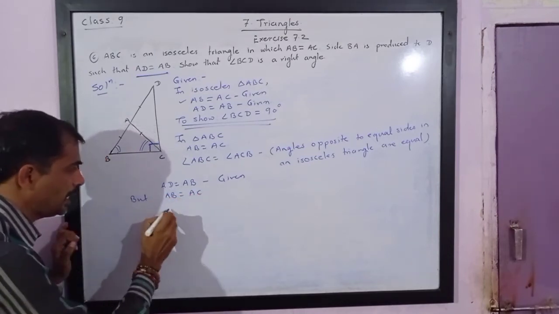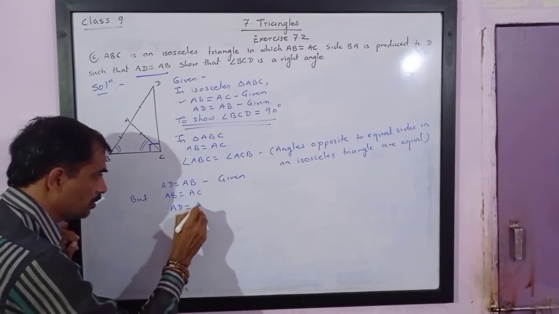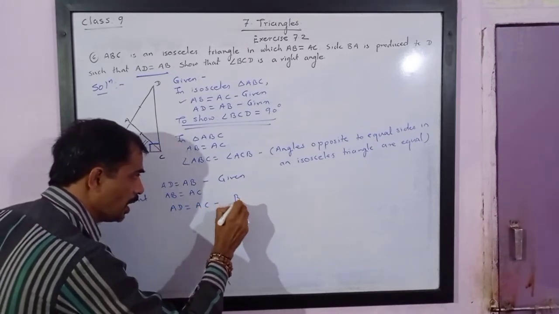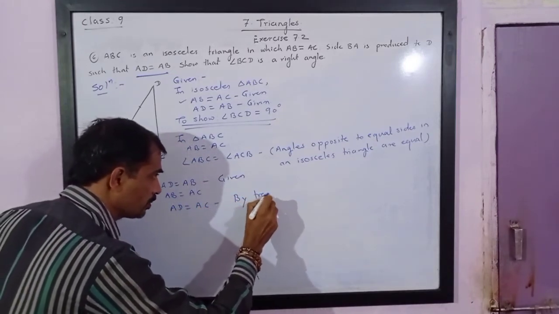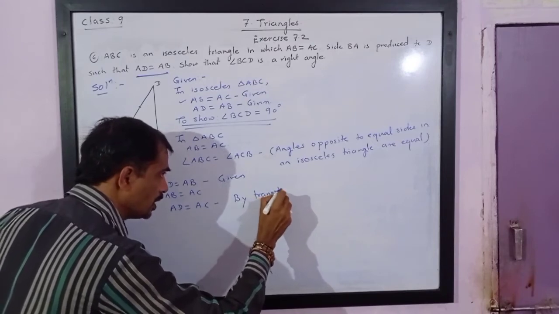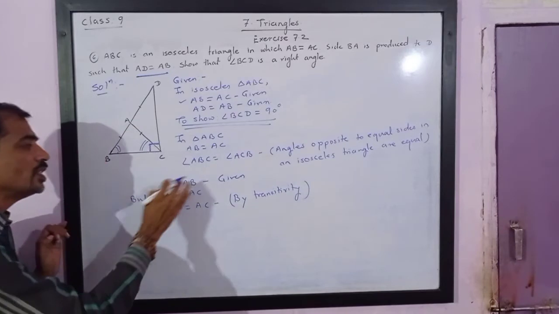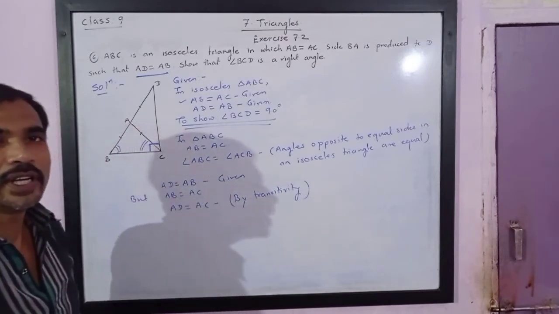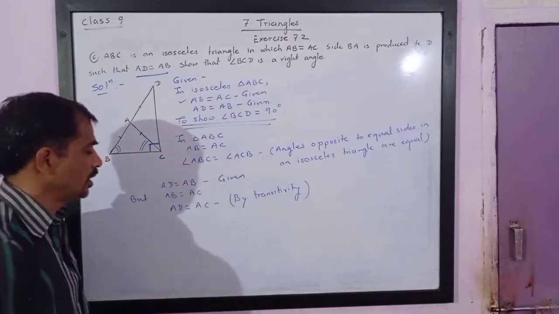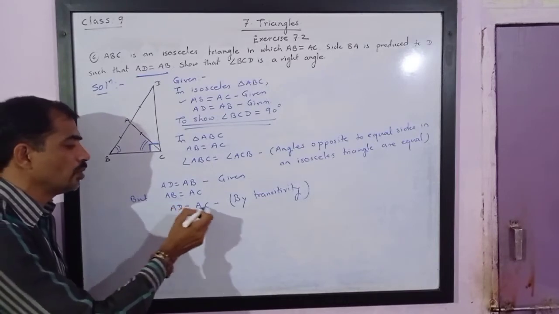So I can say that AD is equal to AC. This property we can say by transitivity. That is, first is equal to second and second is equal to third. It means first must be equal to third. That is, AD is equal to AC.